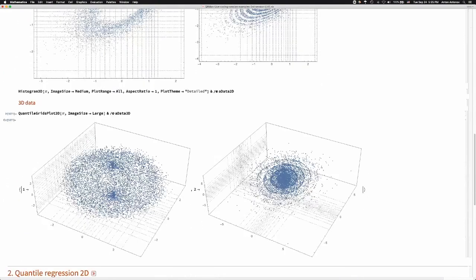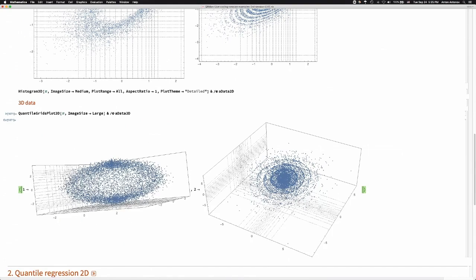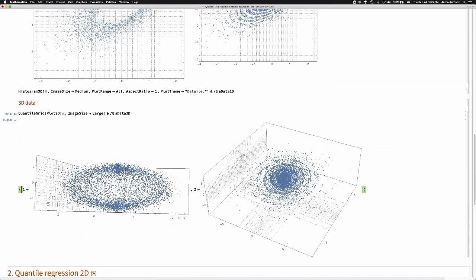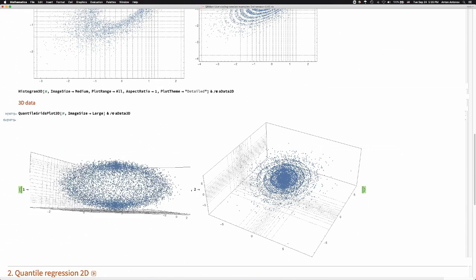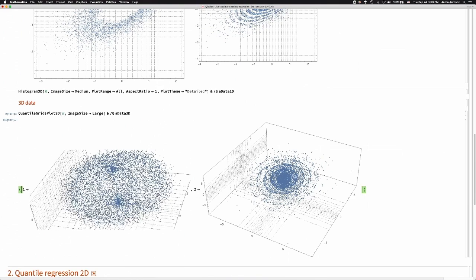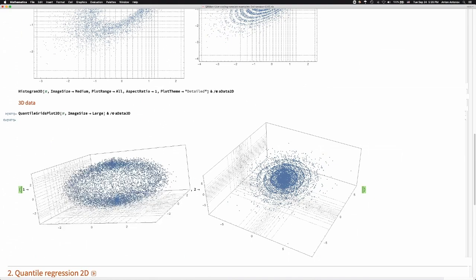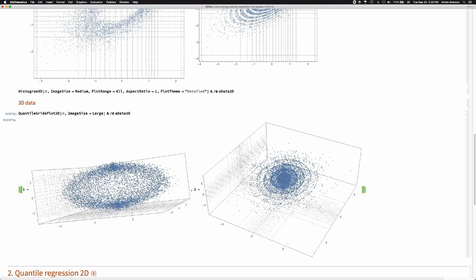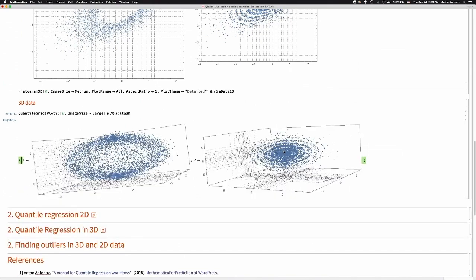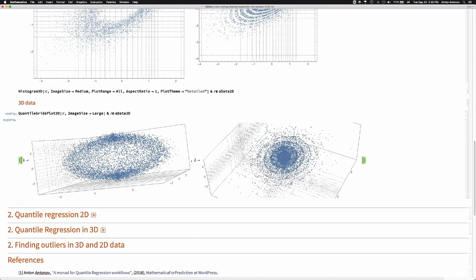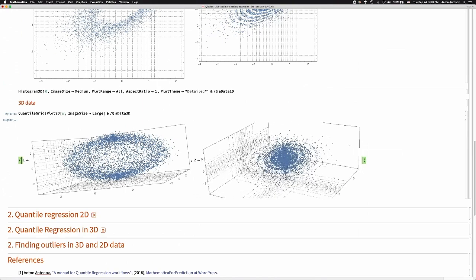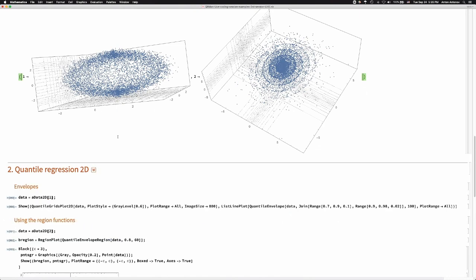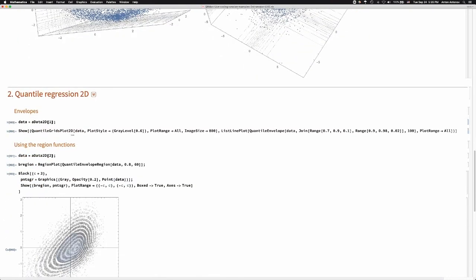Similarly, in 3 dimensions, you can see how we have this ellipsoid and the points are concentrated around the surface of the ellipsoid and on the poles, the North Pole and the second pole. It's more like concentric spheres of points. So how can we apply quantile regression to this?